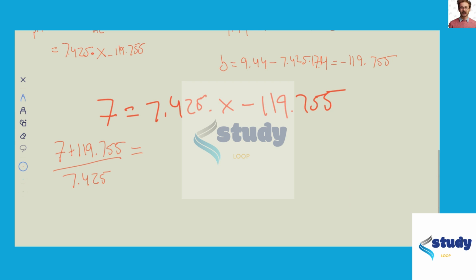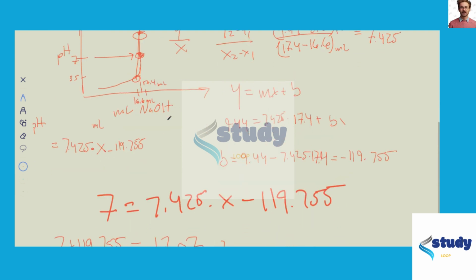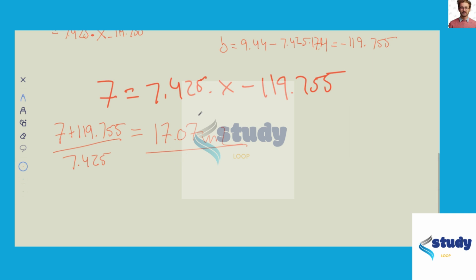I get 17.07, and that is in milliliters. Which means that when we were at pH 7, we had added 17.07 milliliters. And the significance of this 17.07 is that acid concentration equaled the base concentration.